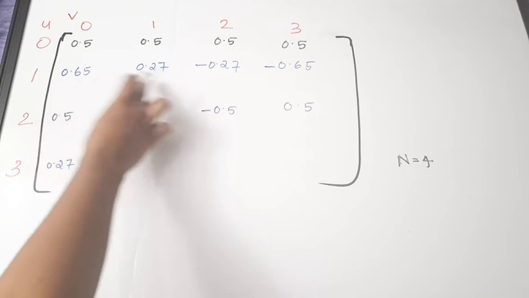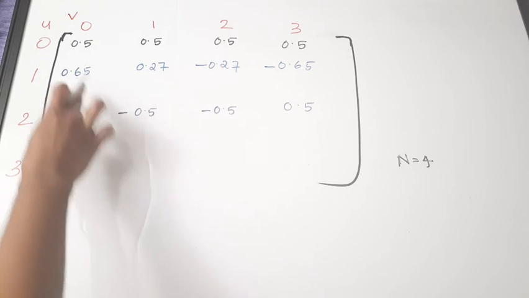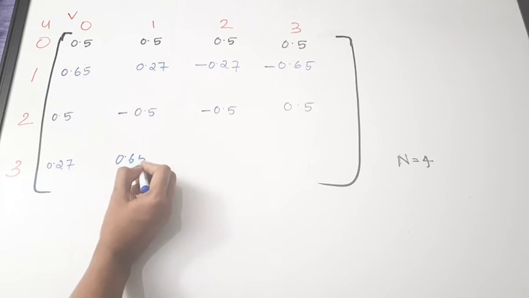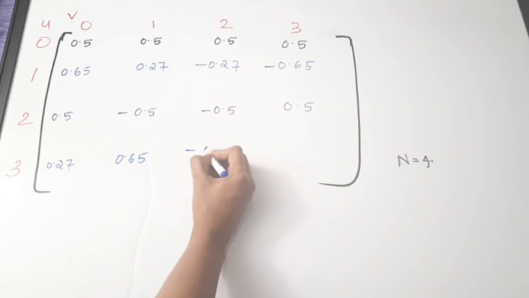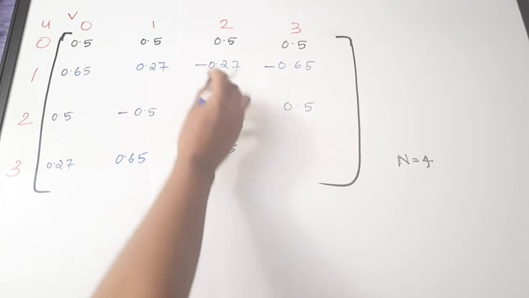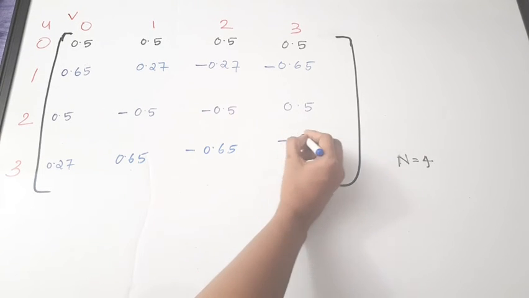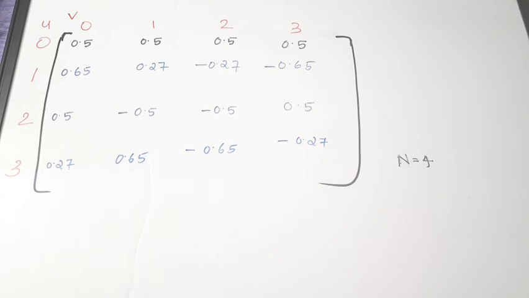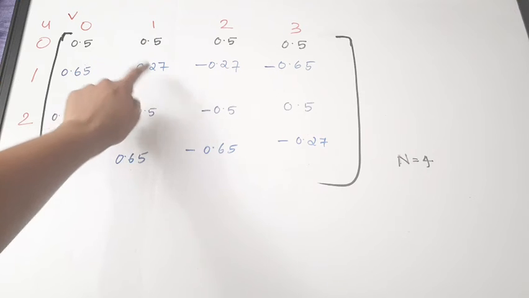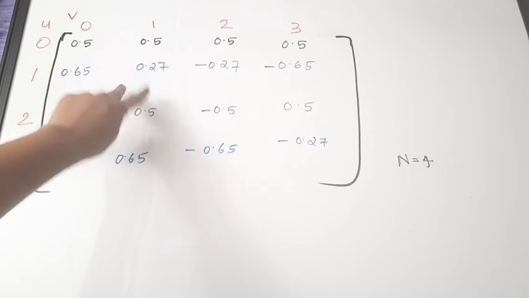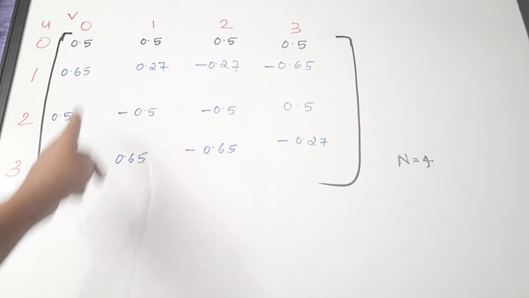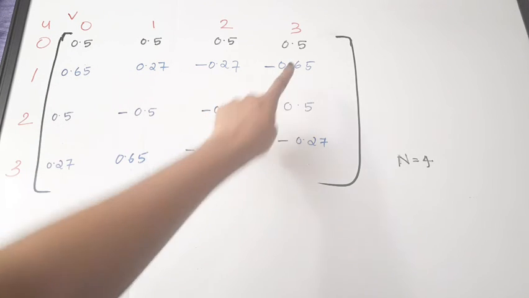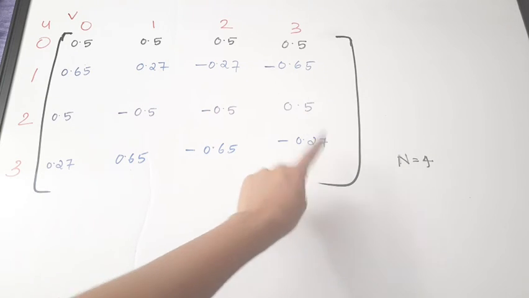I have just reversed these two elements: 0.27 comes here, 0.65 comes here. Now, here also reverse it, so it will be minus 0.65 and minus 0.27. We have changed the position of these two elements.